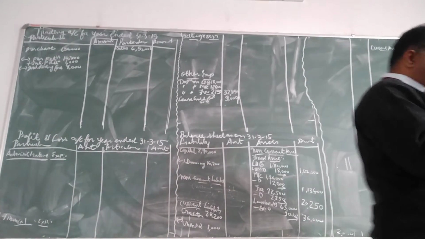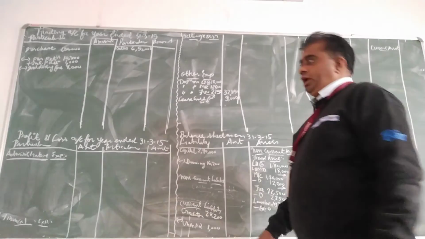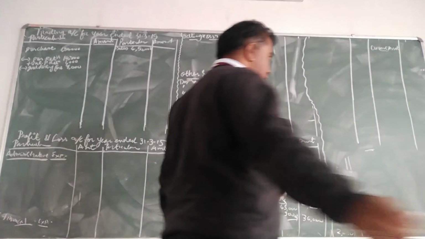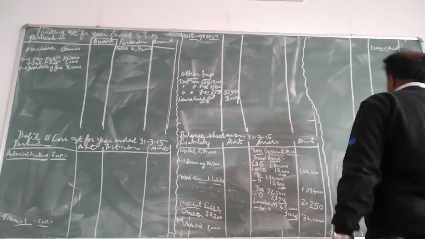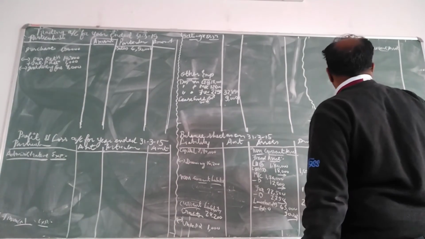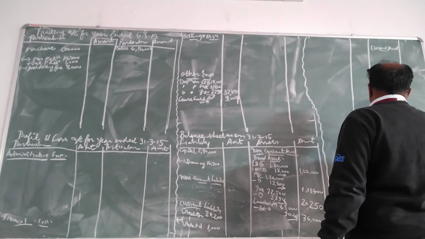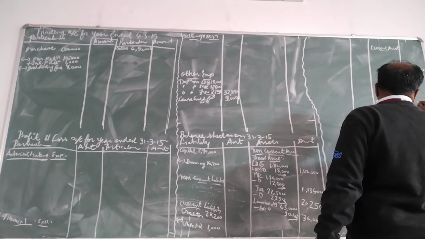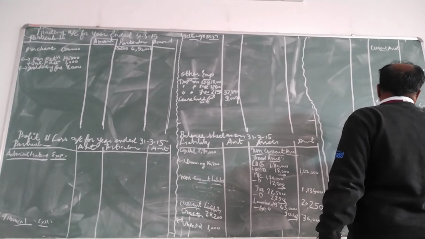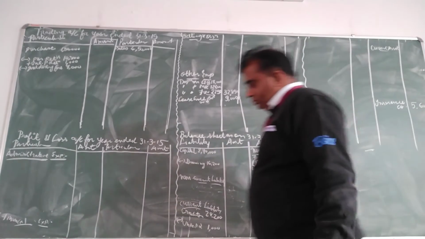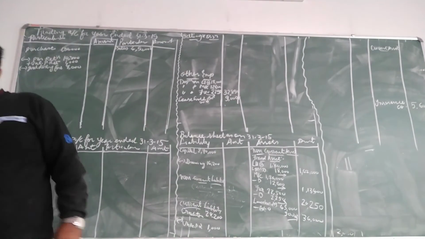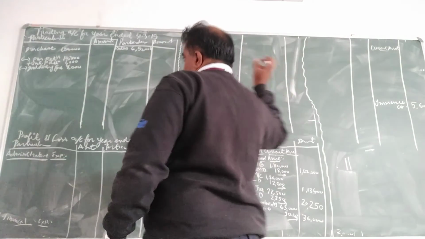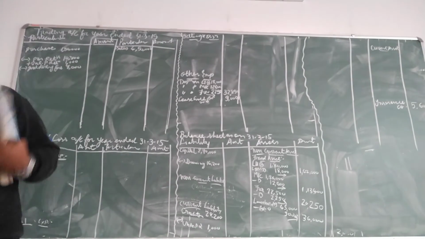An insurance company accepted the claim of 70%. 8,000 at 70%, 8 sevens are 56, so 5,600. So here in the current asset we write insurance company 5,600. Okay. Goods destroyed by fire 8,000.